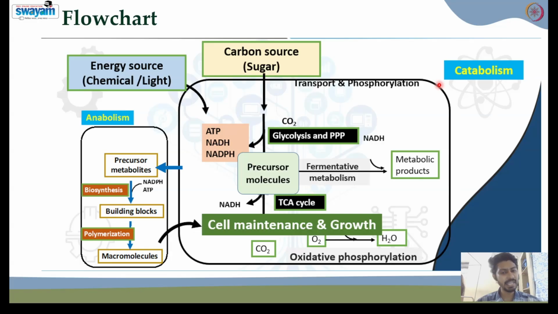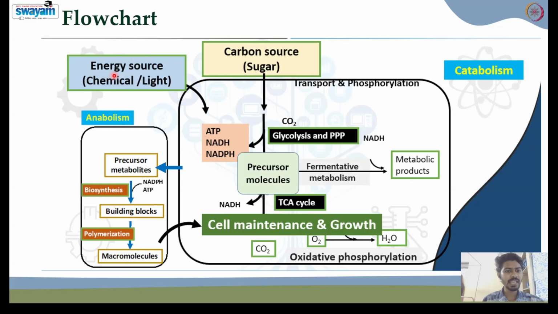Energy means it is ATP. Whereas anabolism refers to using the ATP or the energy generated from catabolism to form macromolecules or new cells, or to give maintenance support for already existing cells. So these two concepts we will be seeing, and how the carbon and energy sources are used.